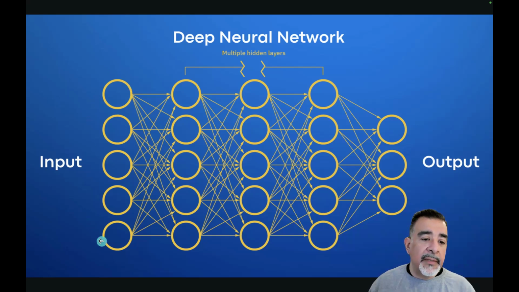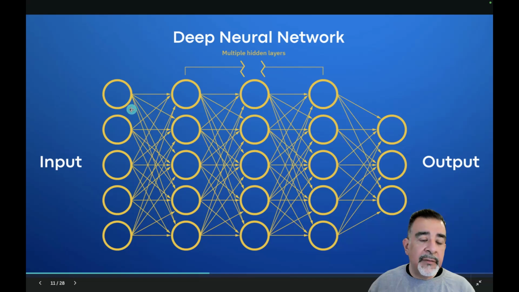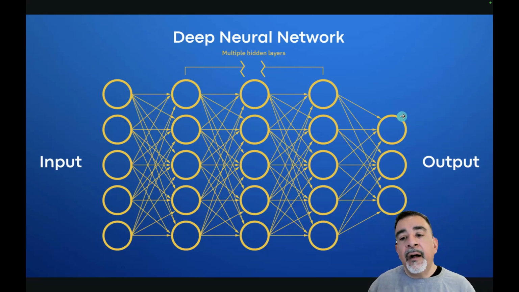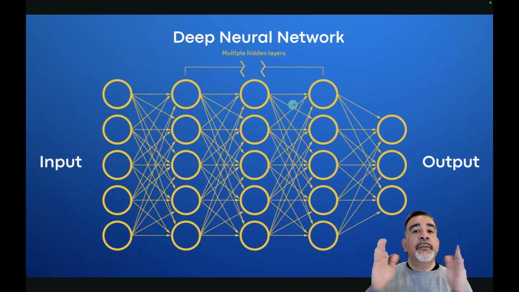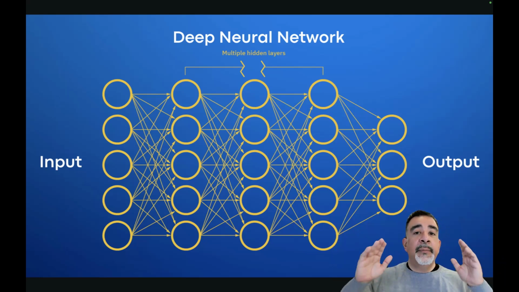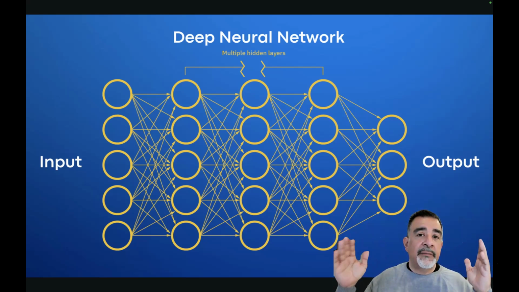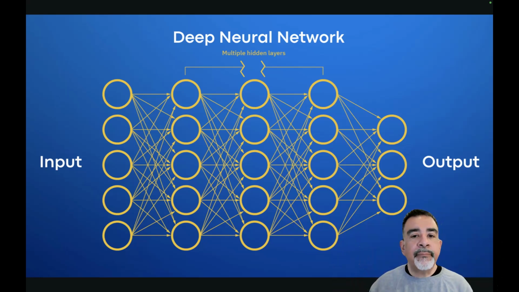So the layer on the far left is the input layer, on the far right is the output layer, and then in between, it could be 3, it could be 5, it could be hundreds, if not thousands of layers deep. We refer to that as the hidden layer. And so that is where the black box comes from, that idea, because it's not exactly clear what's happening in the hidden layer.